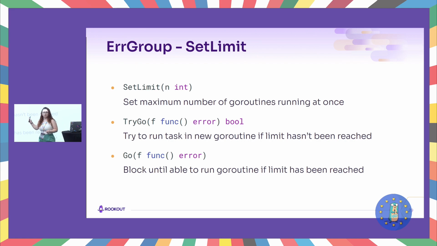But TryGo will not block and just return false if it's unable to run because it's reached the limit. So we can use that. If we haven't used SetLimit, like in our example, it won't matter. It won't change anything. So that's the first feature I really wanted to talk about.